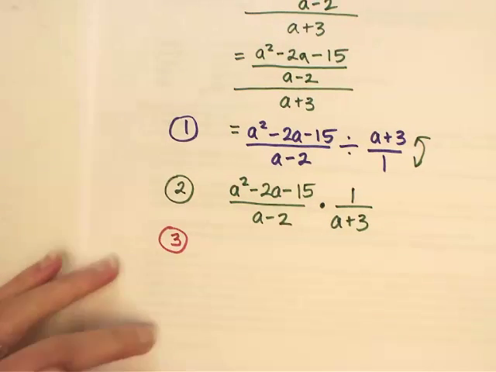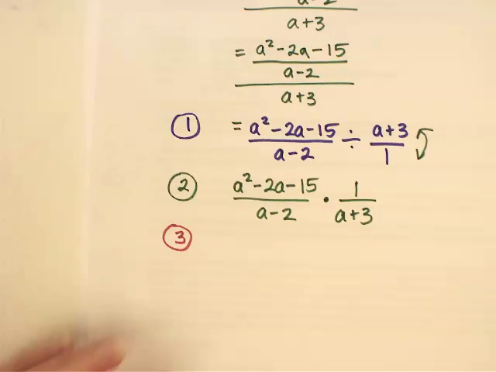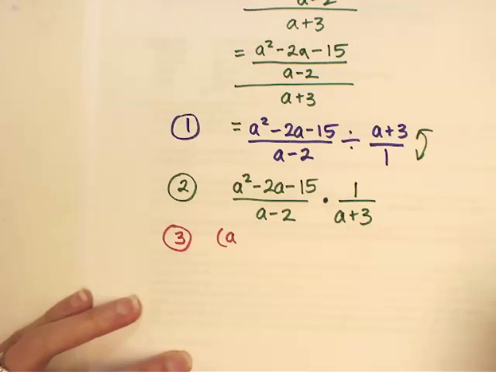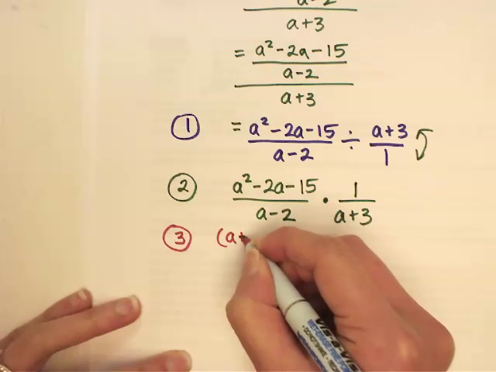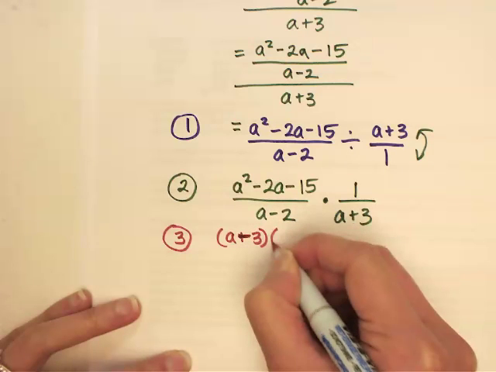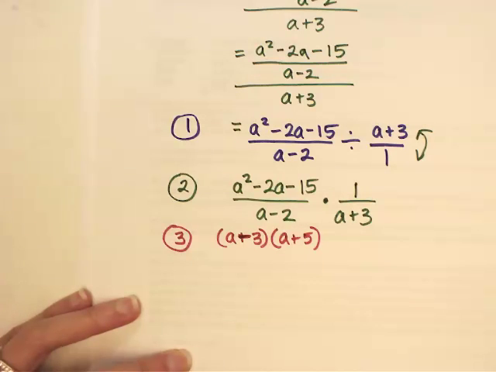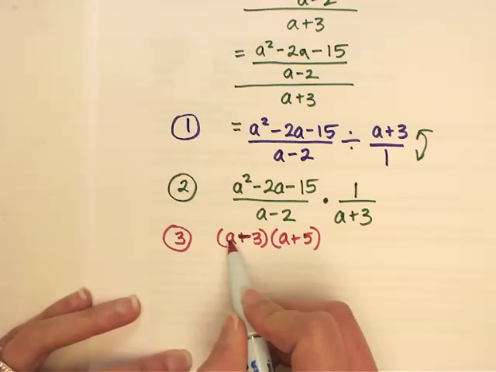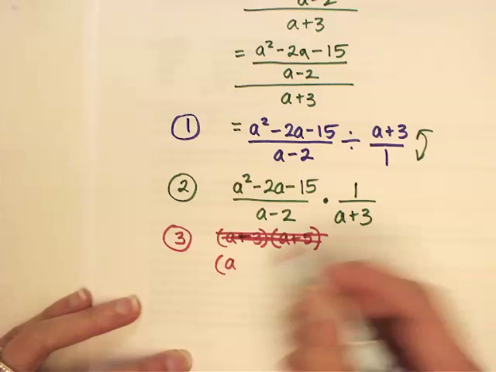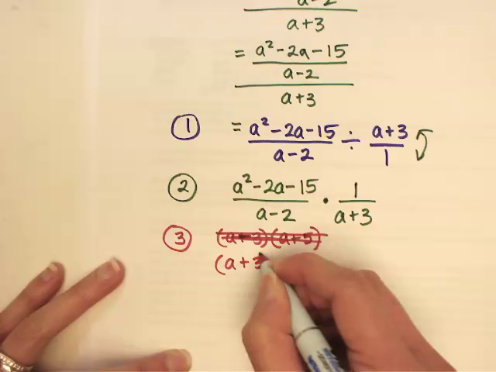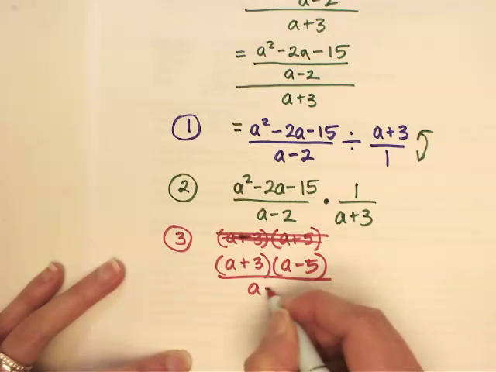Okay, let's see if we can factor this. Okay, so this can factor to be a minus 5 times a plus 3.